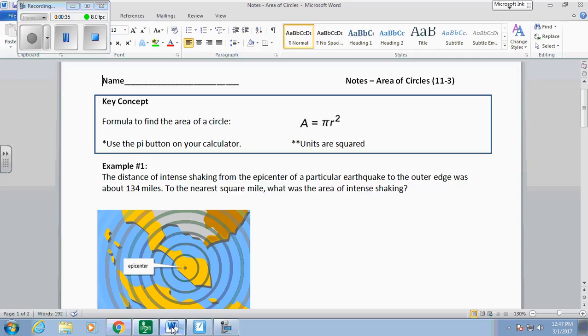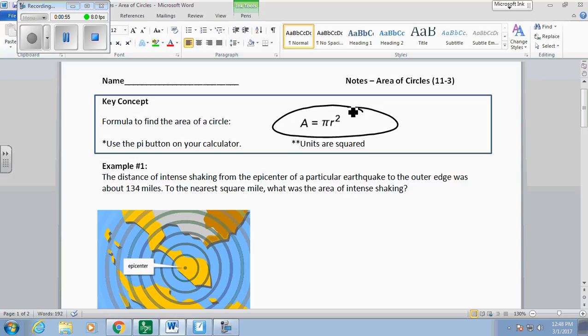So our key concept for today is that we're using the formula A equals pi r squared. Unlike yesterday, with the circumference of circles, where we had two formulas, there's only one formula that we can use to find the area of a circle, and it is A equals pi r squared.